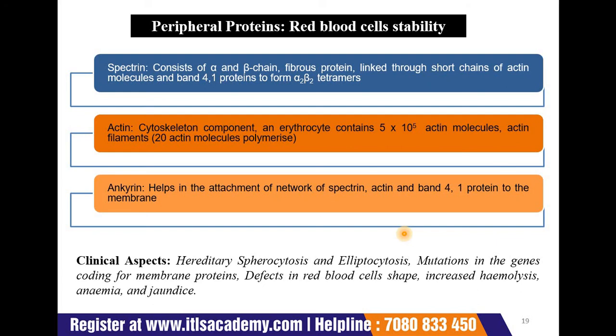They become very fragile and have a much shorter lifespan than normal erythrocytes. Sometimes the band 4.1 protein is absent, or a mutation happens in the genes which code for the membrane protein. This results in increased hemolysis, anemia, and it can also lead to jaundice.